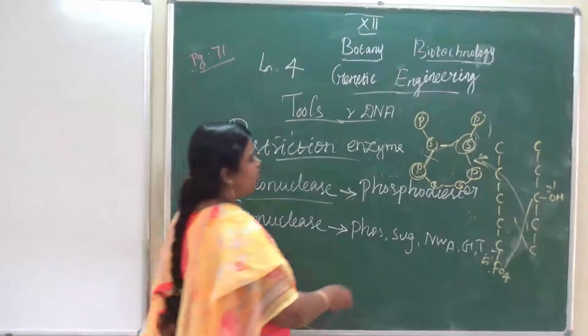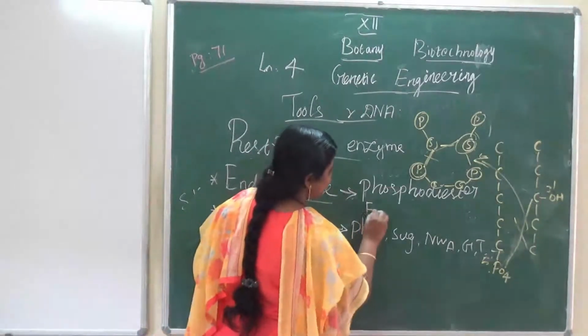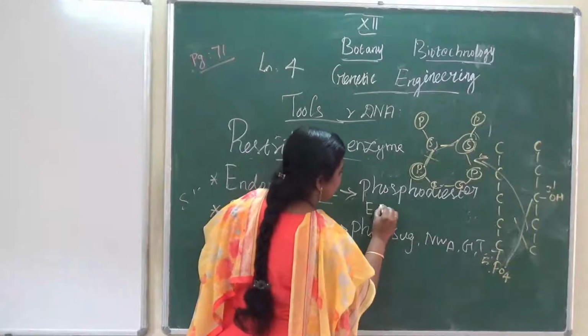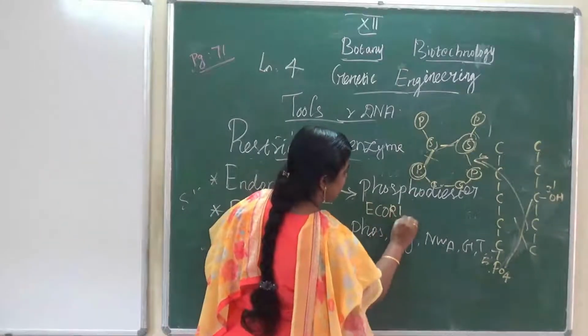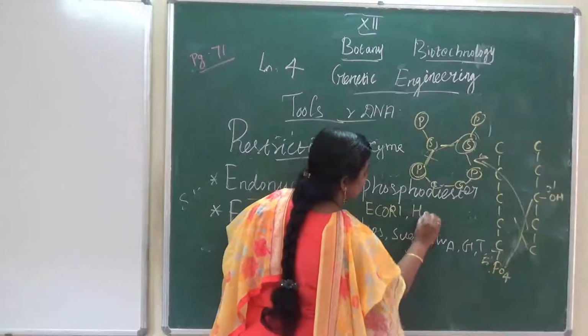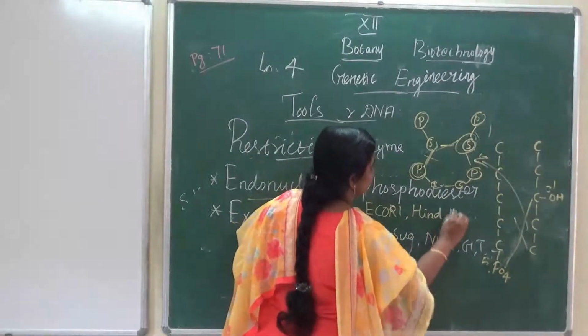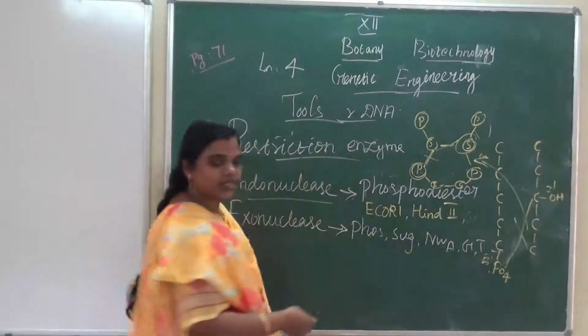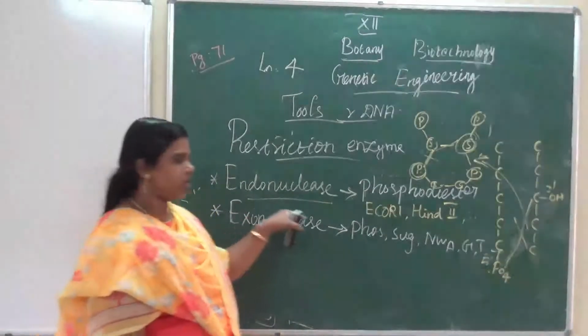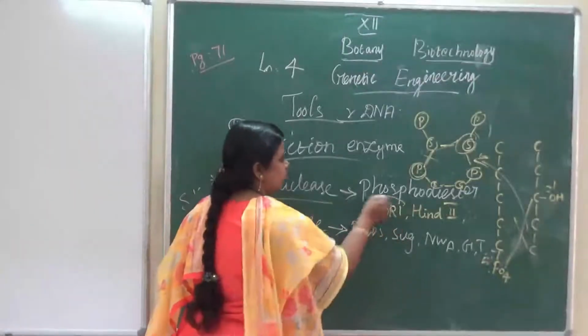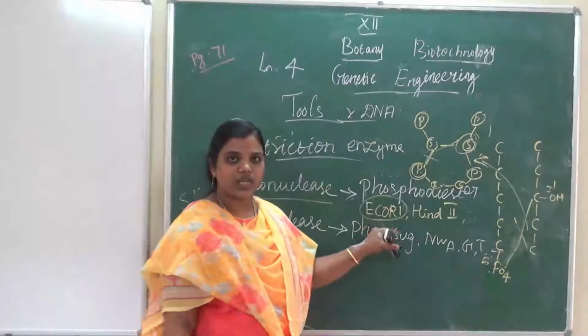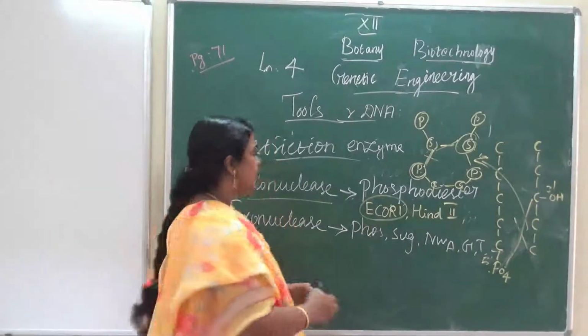Examples of these enzymes are EcoRI and HindII. These are important endonucleases, commonly used nowadays.